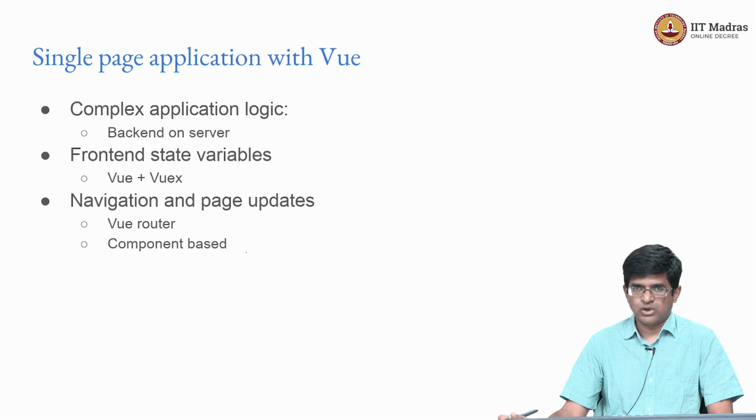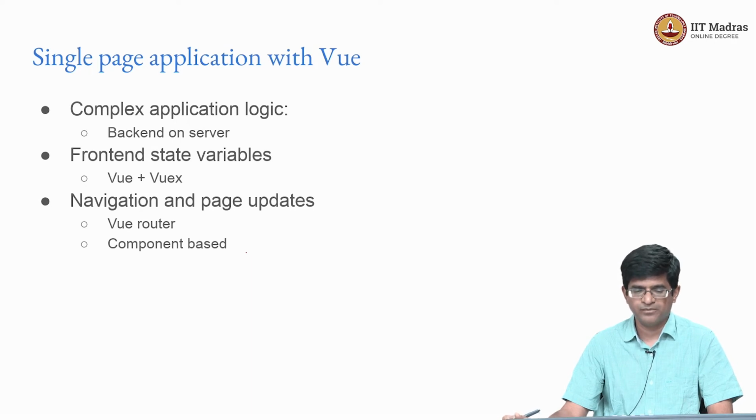Now obviously, since we have been looking at Vue as a framework for a single page application, what would it look like? Usually, all the application logic, the complex part of it, would be on the back end on a server, possibly implemented using Flask or some other platform that works well for implementing APIs.